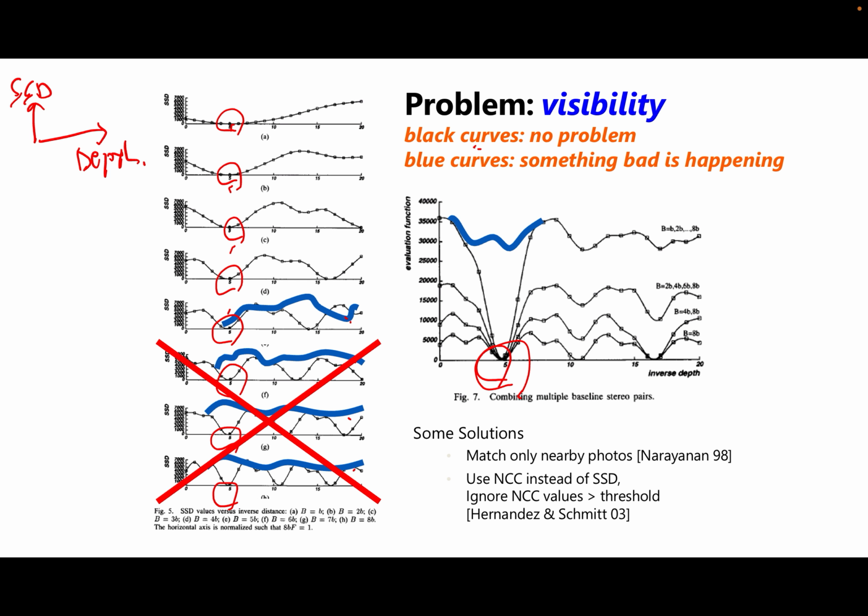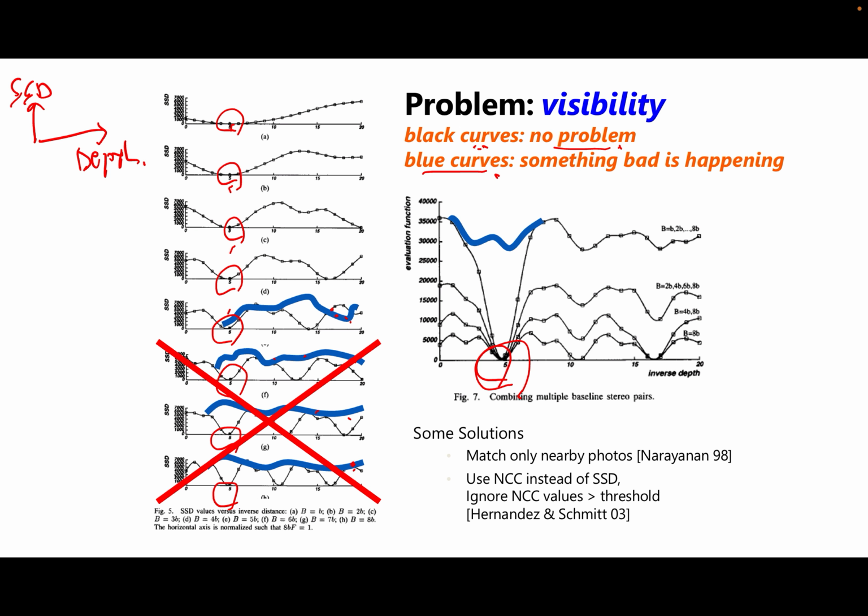That is no problem. But the problem is that for some viewpoints, certain points are not visible, so the graph might look like the blue curve, right? If we have the black curve, there's no problem. But if many points are not visible to some viewpoint, then we might have this kind of blue curve. With the blue curve, as you can see here, there is no depth value whose error is very small.